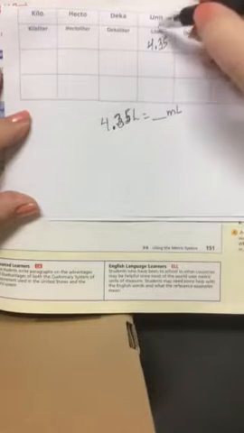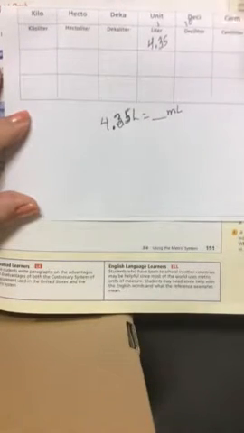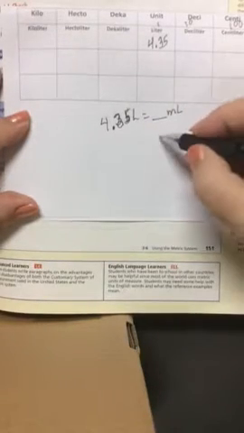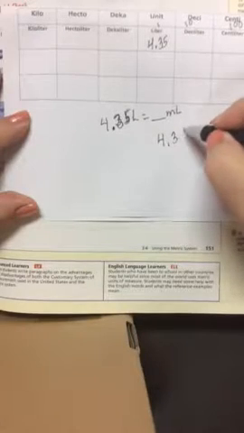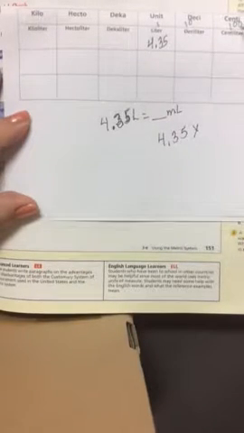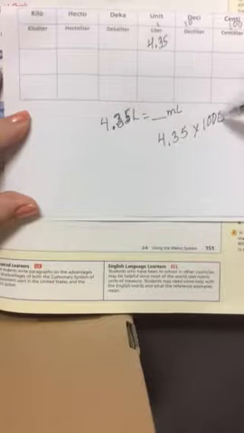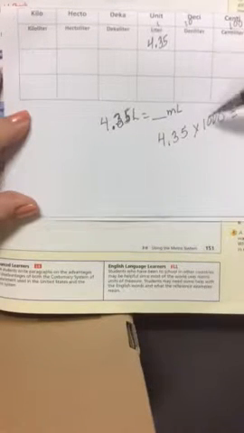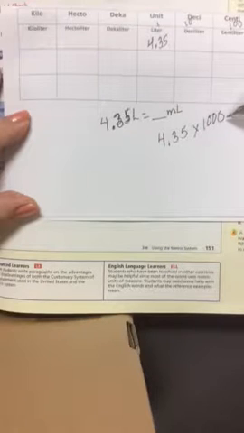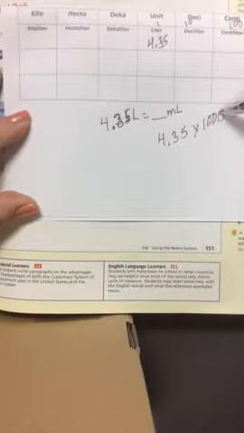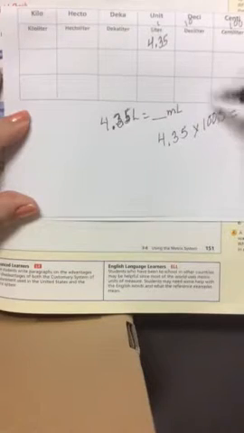Now we know if this is 1, this is 10, this is 100, this is 1,000. So if we were to take 4.35 and multiply it by 1,000, when you're multiplying by multiples of 10, you just have to move the decimal place however many zeros there are in the number.